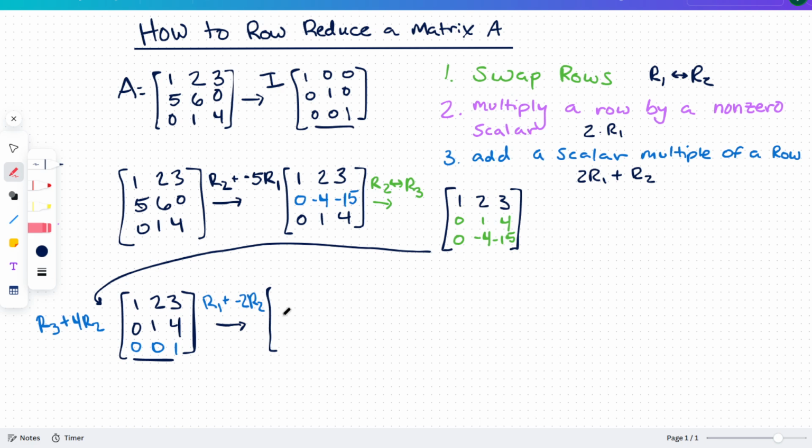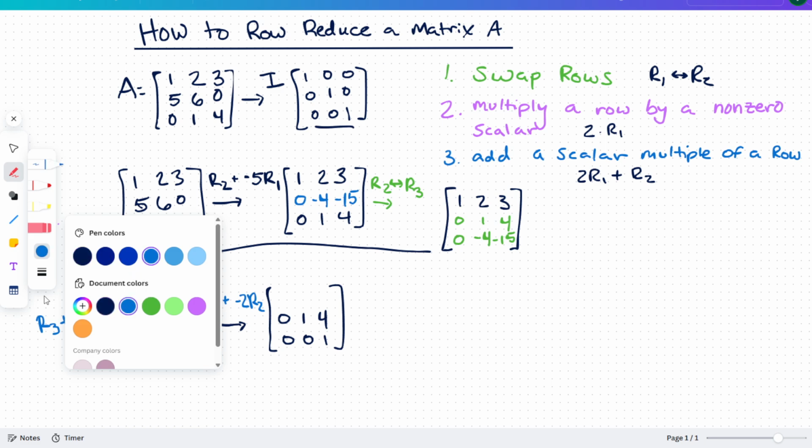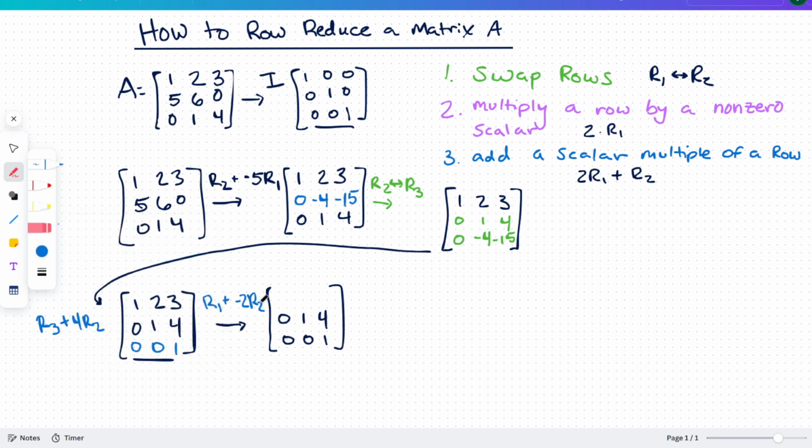So again, we know row 2 and row 3 won't be affected, so we'll keep that the same. And we'll change row 1. So what we have is 0 times negative 2 is 0, plus 1, it's going to be 1. Negative 2 times 1 is negative 2, plus 2 is 0. And negative 2 times 4 is negative 8, plus 3. We're going to have negative 5.